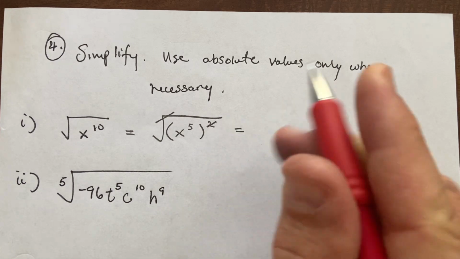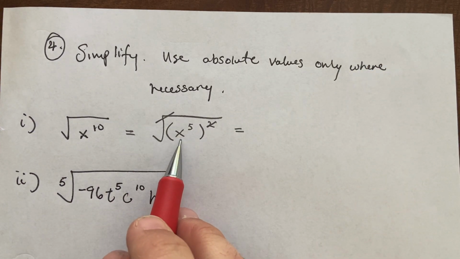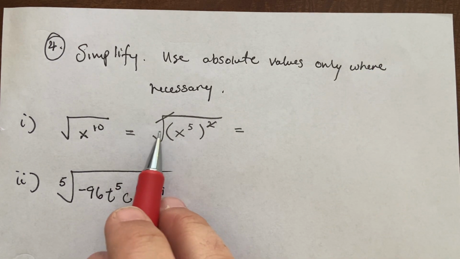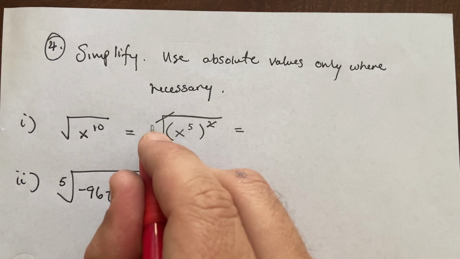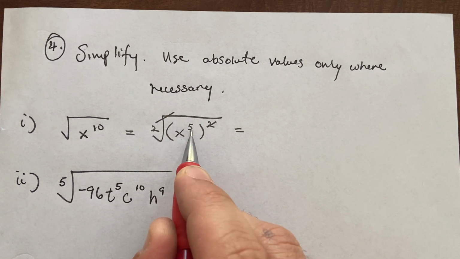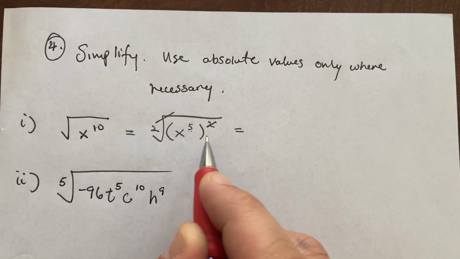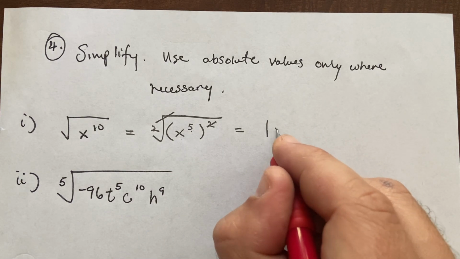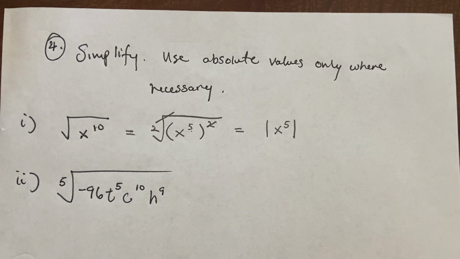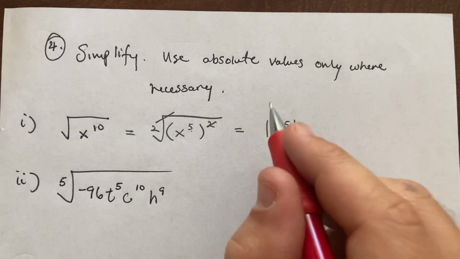After this cancellation occurs, it's going even to odd. So when it goes even to odd, then I do need this set of absolute values.